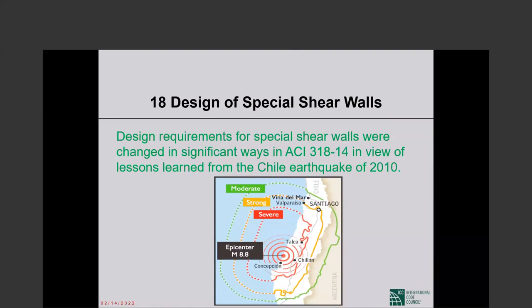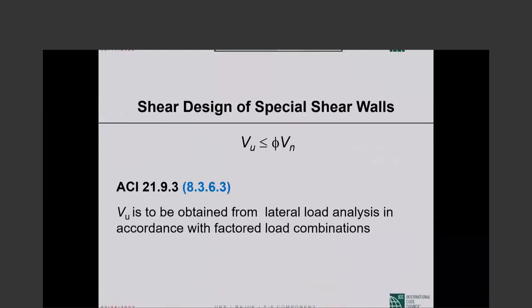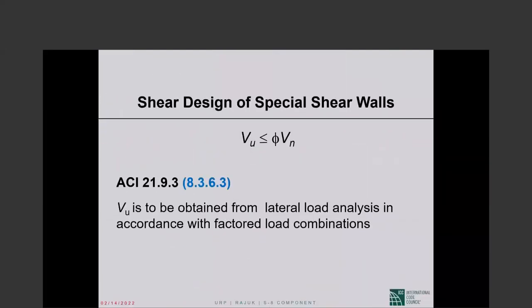So you will see some things in green on the slides that do not apply to you because you are designing by BNBC 2020, but those things I included for you to know what has already come to ACI 318 and what you can expect in the future.